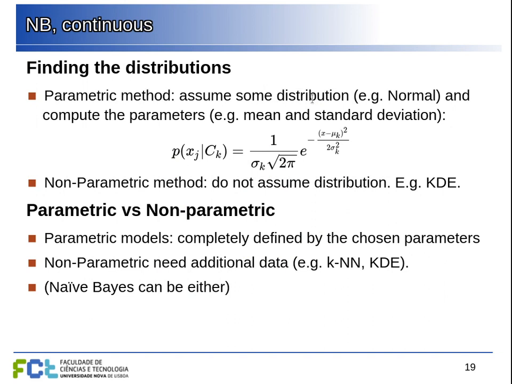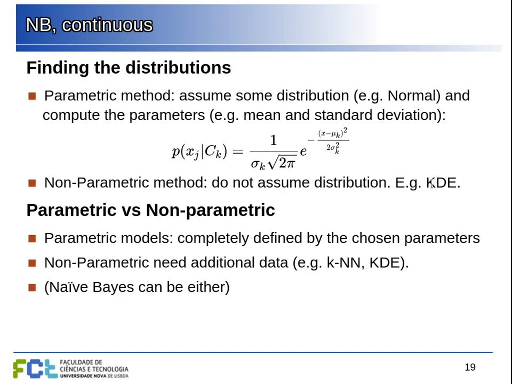And this, by the way, is how you have it implemented in scikit-learn. You can use a naive Bayes classifier specifying the probability distribution, and it computes the parameters. We can also create a non-parametric naive Bayes classifier if we do not assume the distribution with some model that has some parameters.